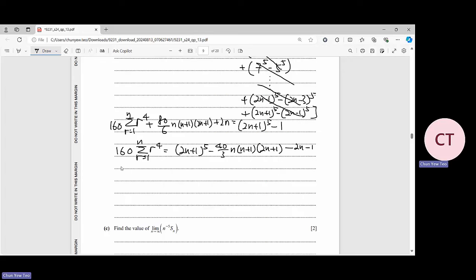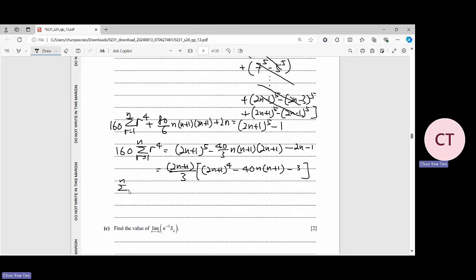So over here, I just need to factorize the 2n plus 1 over 3 out. Then this one will become 2n plus 1 power 4. Then this one will become 40n, n plus 1, minus 3.